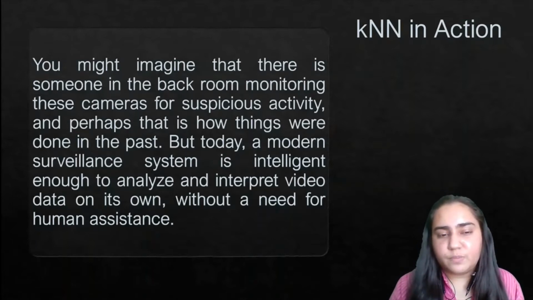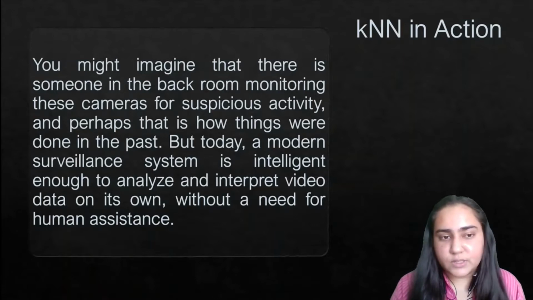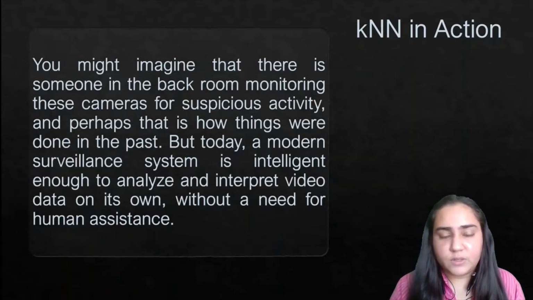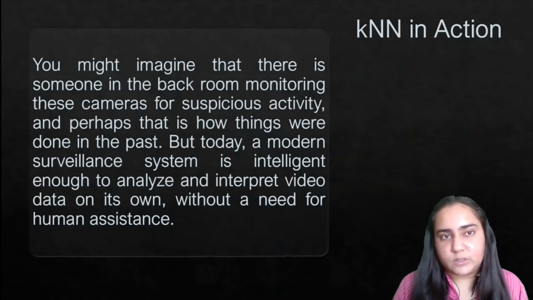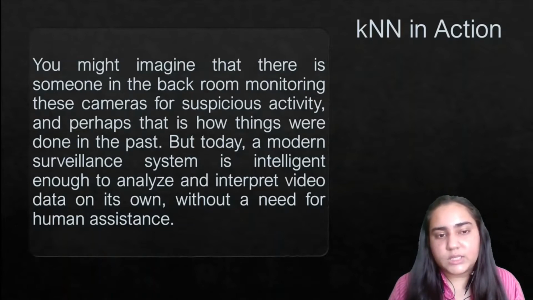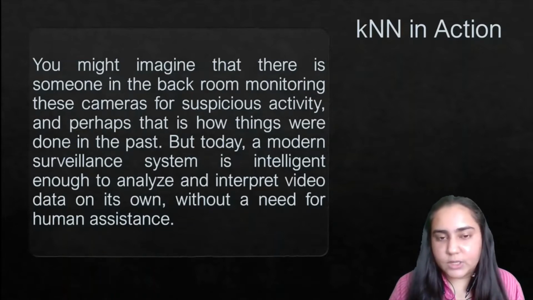But today in a modern surveillance system, it is an intelligent system which is intelligent enough to analyze and interpret the video data on its own without a need for human assistance. So this is something surprising. You might be surprised to know that modern surveillance systems come with this type of intelligent video analysis software.